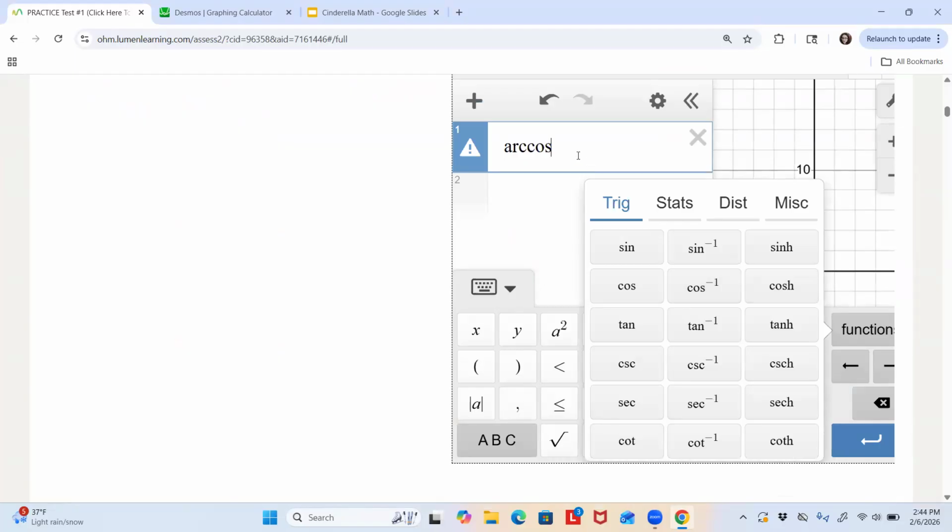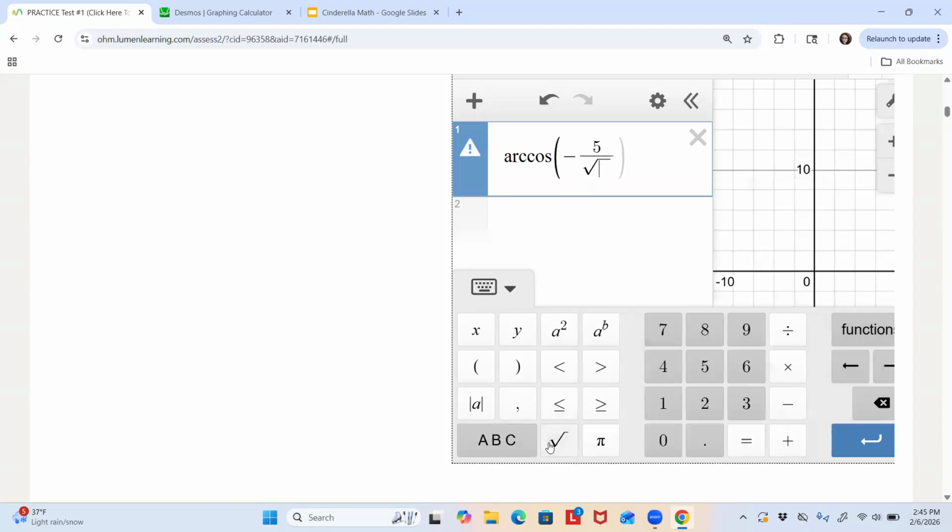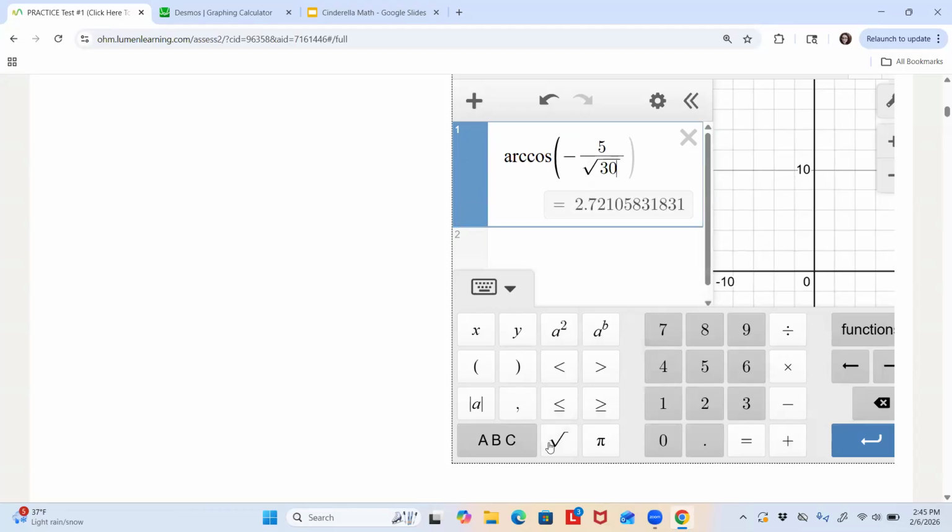Then parentheses, ours was negative 5 over, there's a square root button right there, or you can type SQRT, and that was 30. There is the answer. There's theta. So theta equals 2.72, rounded.